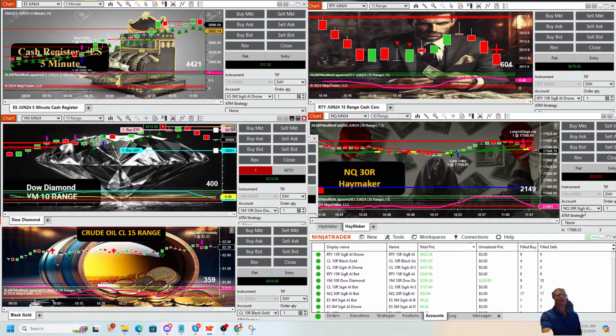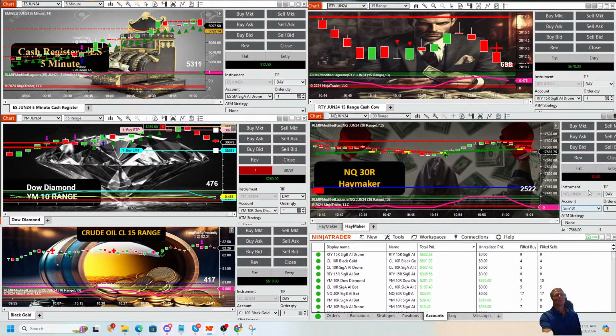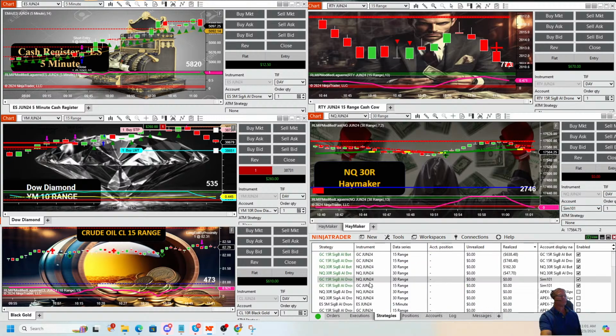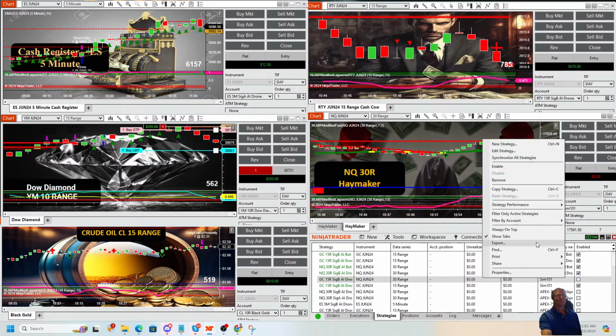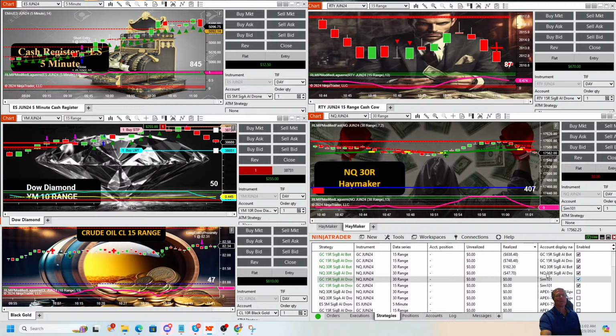So the signal A sim would have jumped in right there, Rao. Nope. Our time ran out. Let's add a few minutes to it. That would have been a winner there.